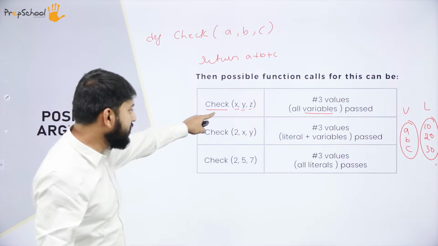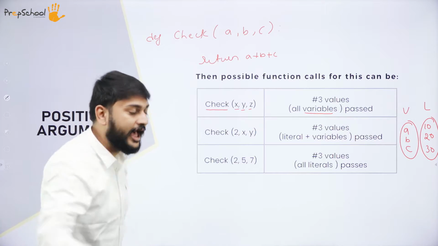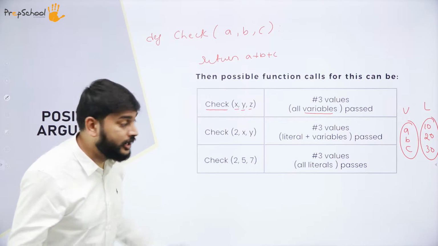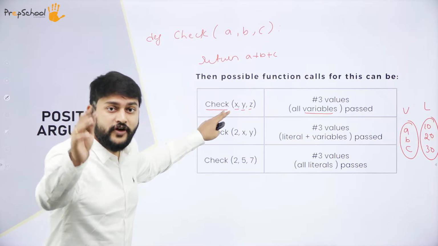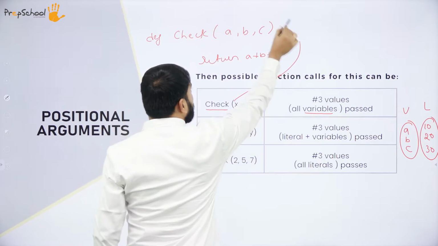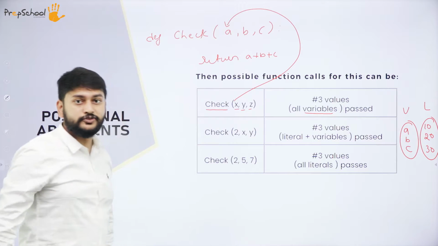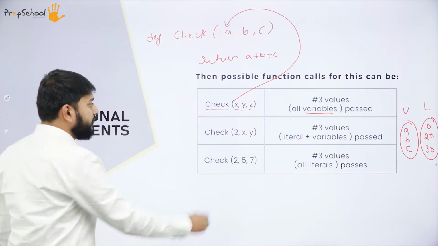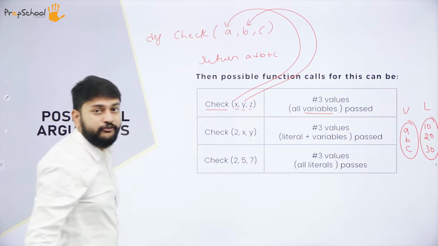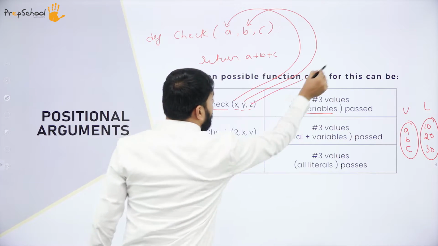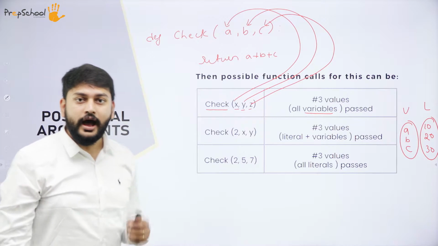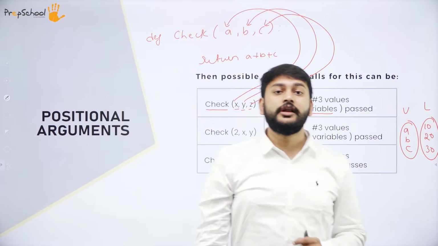If I use these in my function call, whatever value I have in x will be passed to a, whatever value I have in y will be passed to b, and whatever value I have in z will be passed to c. This is what I call positional arguments.